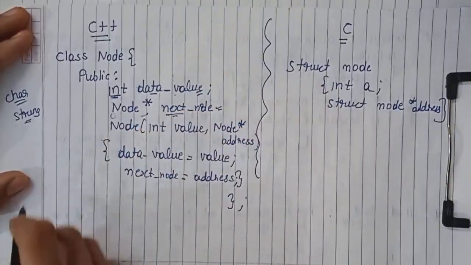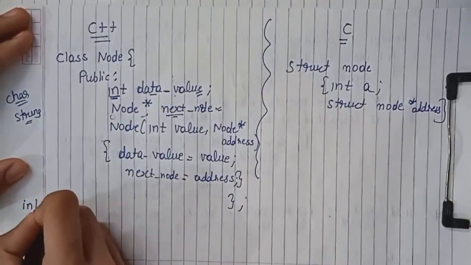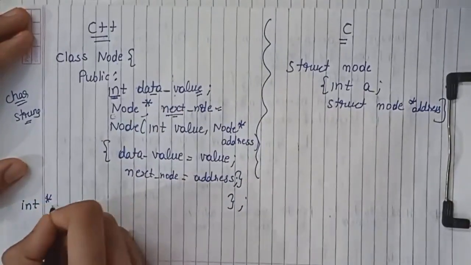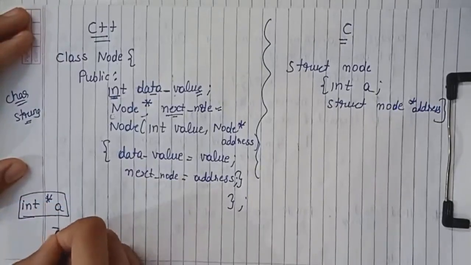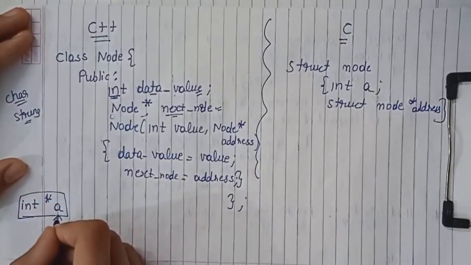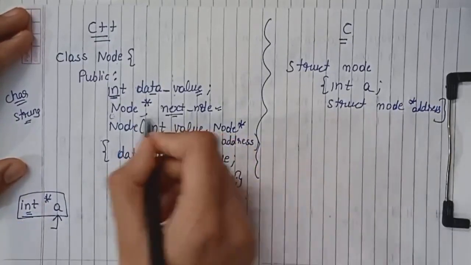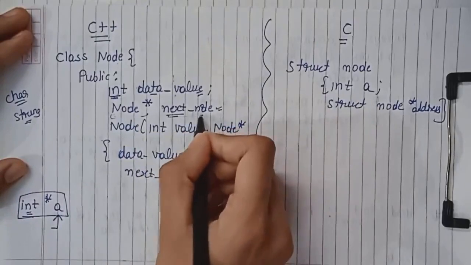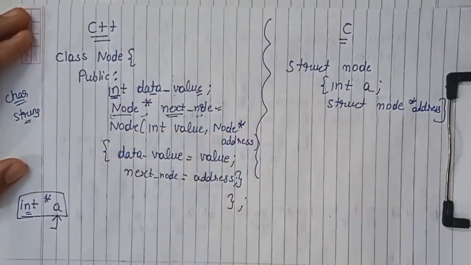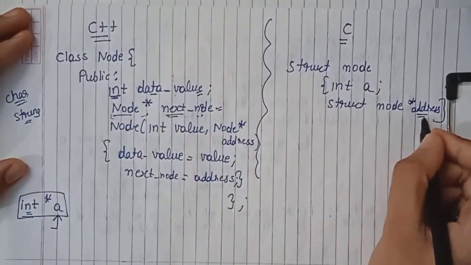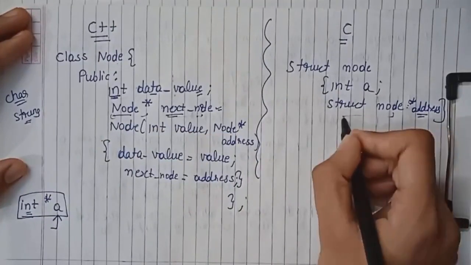Note that to store the address of an integer we use int star a. When I write int star a, this a is the pointer which stores the address of any integer. Similarly here this next node is the pointer which stores the address of a node. Similarly here this address is the pointer which stores the address of type struct node.